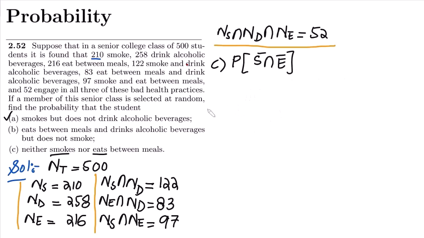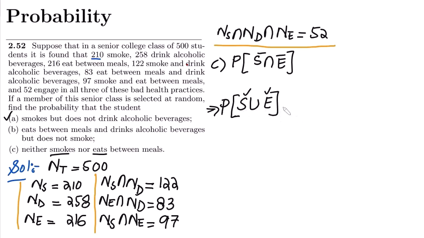Before it, I have to find the probability of S union E, because this union basically shows me that either one was present or both of them were present in the event set. So this is what we have.